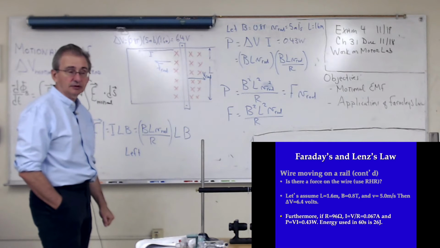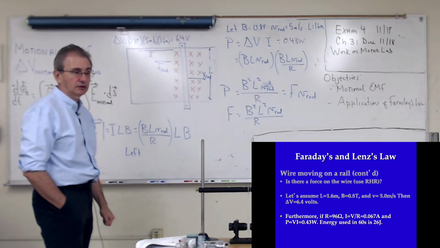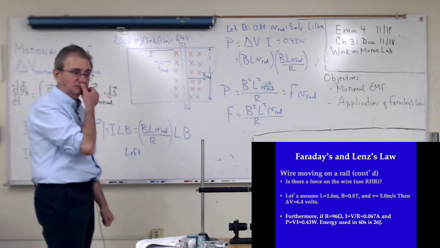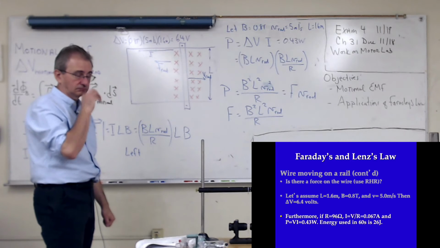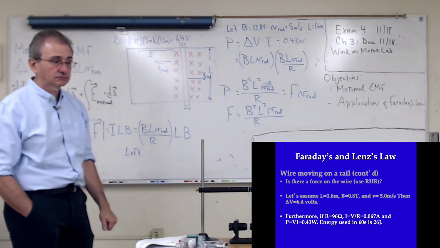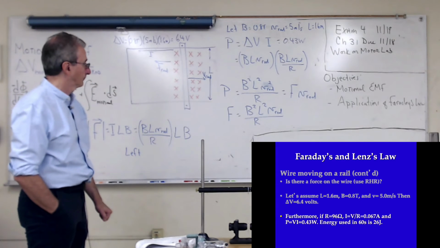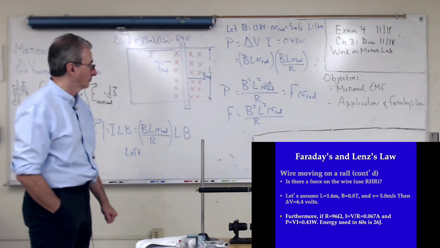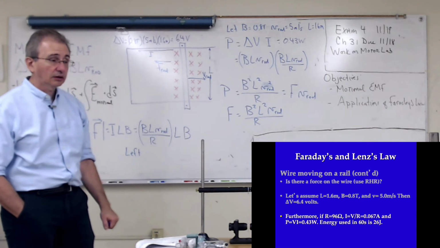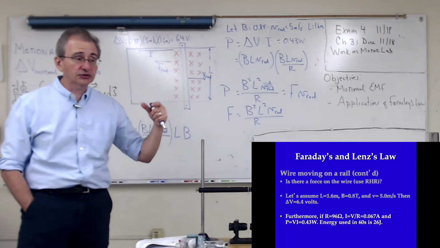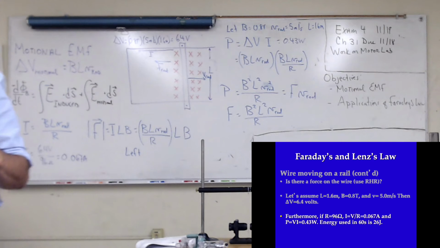Questions on this? Yeah, I'm sorry. Can you repeat that last thing that you said? The energy used. Well, the circuit used up 26 joules in a minute, because you take 0.43 watts times 60 seconds, that gives you 26 joules.